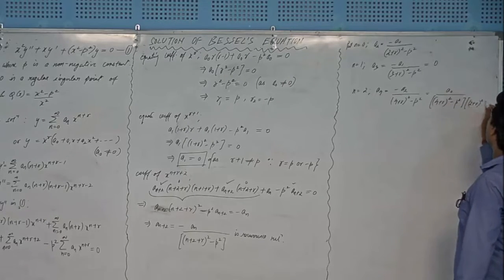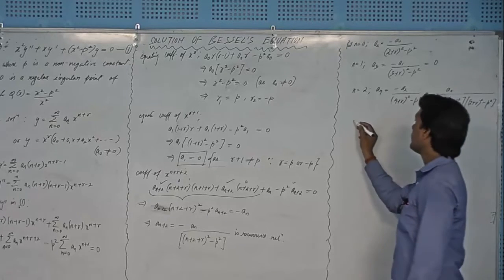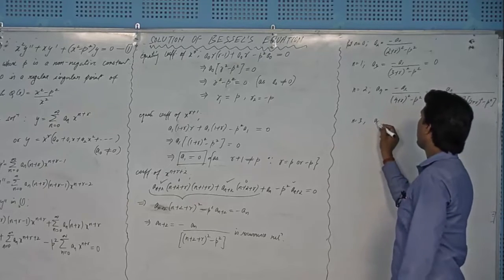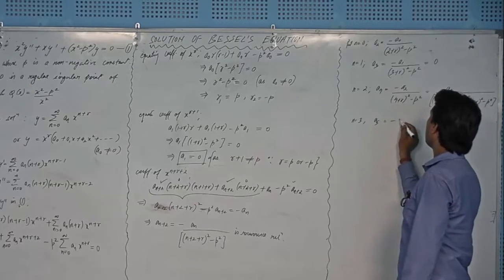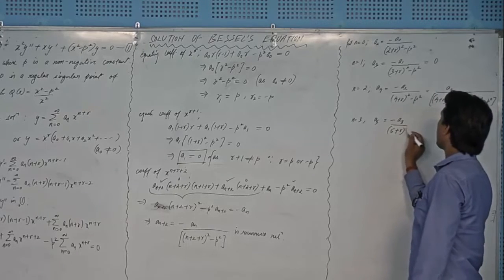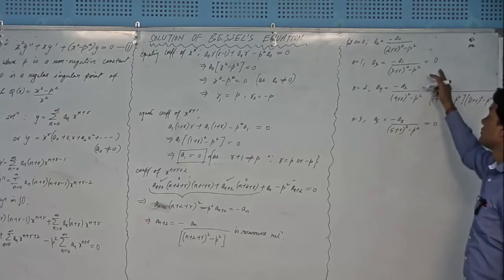For n equal to 3, you will have a5 using a3, and the denominator (5+r) whole square minus p square, but that will go to 0 since a3 is 0.